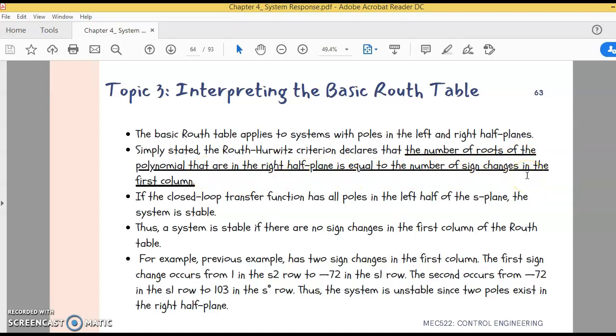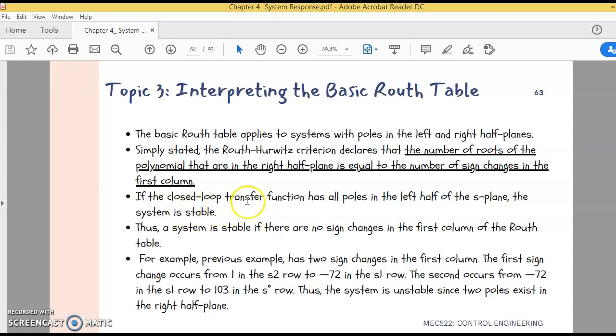Maksudnya kita dah nampak tadi ada dua perubahan changes, kan? Positif, negatif, satu. Lepas tu negatif tu positif satu lagi. So ada dua changes kat sini. So maksudnya the number of sign changes itu adalah pole at the right half plane. Okay. So maksudnya sistem ni is unstable. Okay. Sebab dia ada dua pole dekat belah kanan.